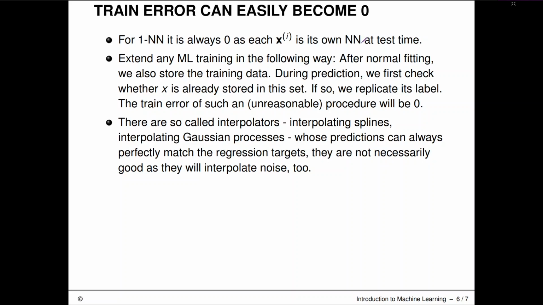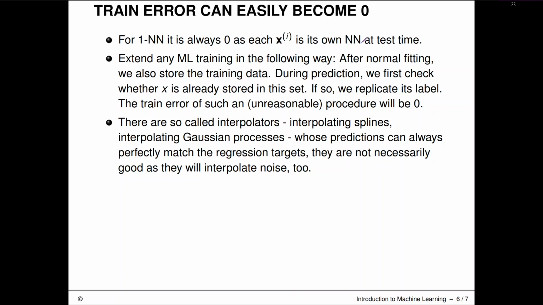We can also use this as an artificial trick to extend any ML training procedure, in a cheating manner, to drive its training error also to exactly 0. After normal fitting, we simply extend the training procedure by also storing the training data, and during prediction time, the first thing we do is check in our database whether we have already stored that example.